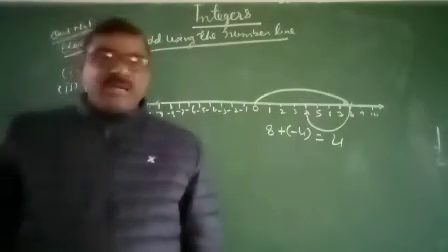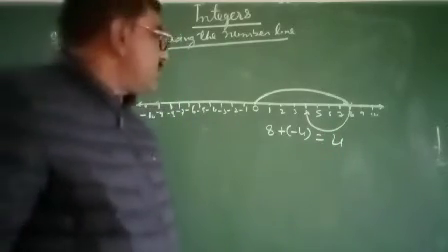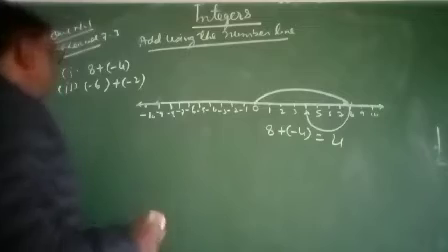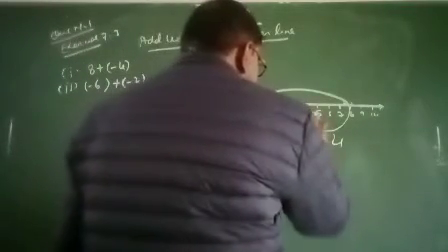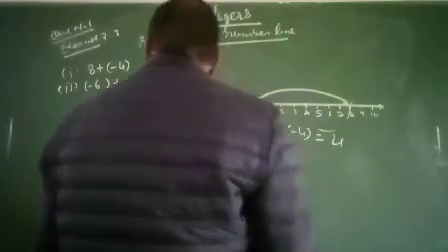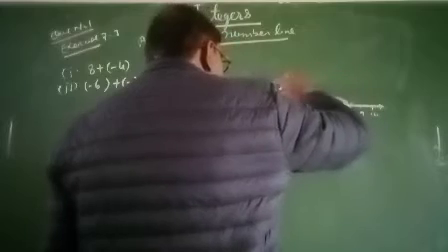So dear students, I hope that this is clear to you. Now the next question is minus 6 plus minus 2. Now add this on the number line. How to add minus 6 plus minus 2 on the number line?